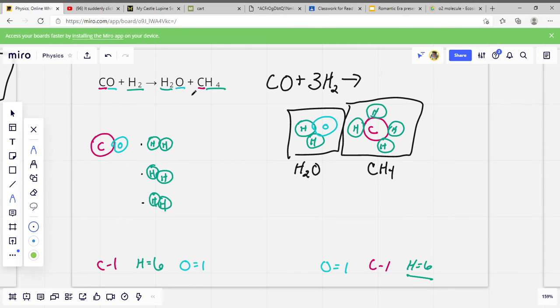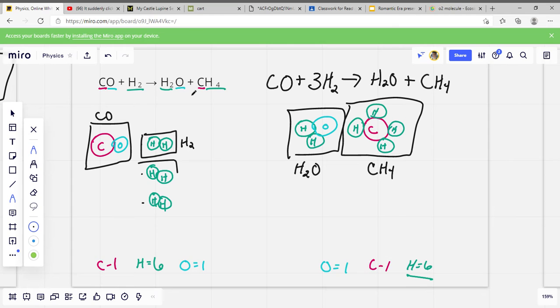So we get 1 of each, H2O plus CH4. So that was a molecule, this is our CO, and each of these was a separate molecule: that's H2 and another H2 and 1 more H2. And we're all balanced out, and your answer should look like that.